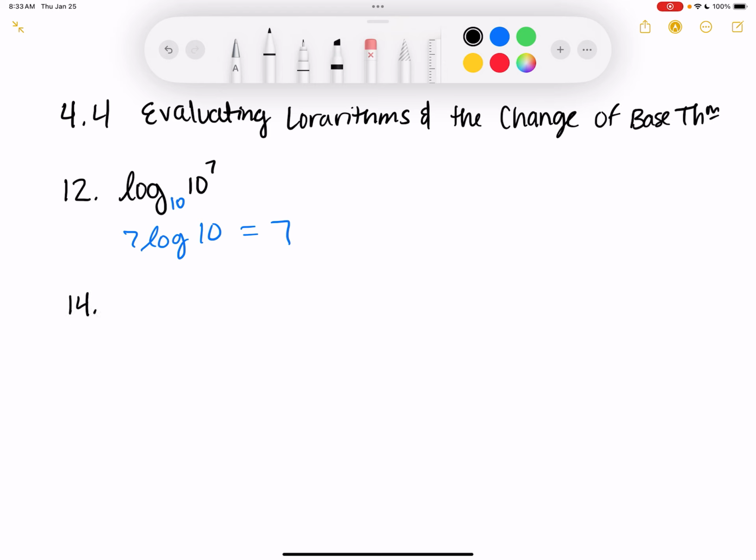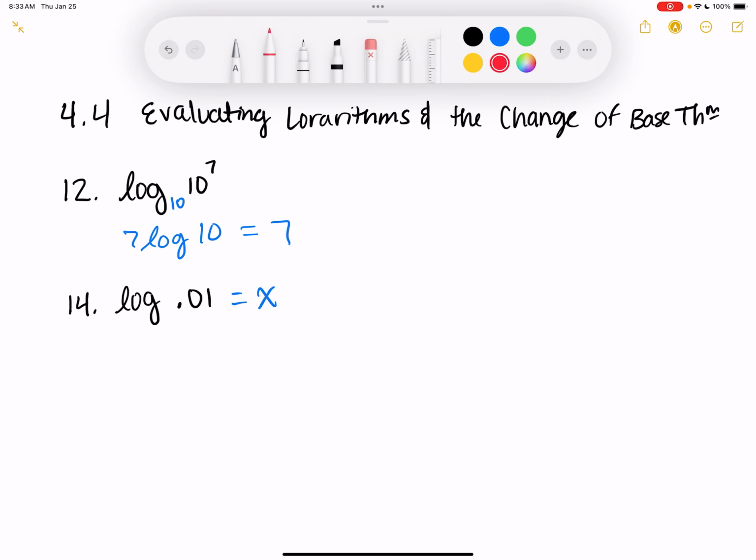All right, 14, log of 0.01. So this one is also base 10. We can think about this a couple ways. We can set it equal to x because we're trying to figure out what this whole thing is equal to.